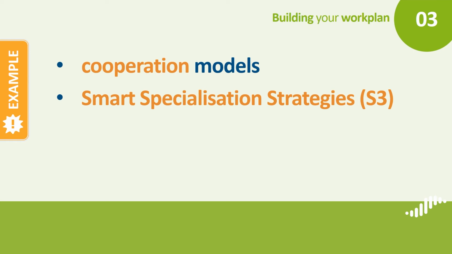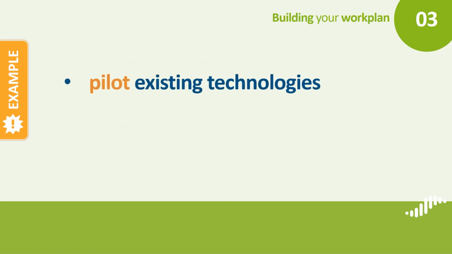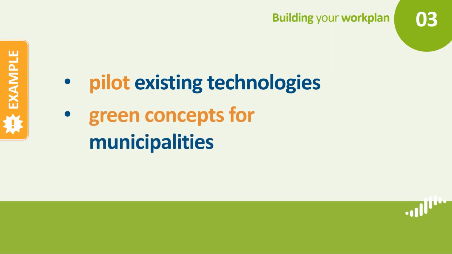Partners from different Baltic Sea region countries could harmonize their standards in a particular sector. Partners could jointly pilot already existing technologies. Partners could develop green concepts for municipalities. Local public authority partners could cooperate with local NGOs to develop a training scheme for citizens on how to live in a circular way.